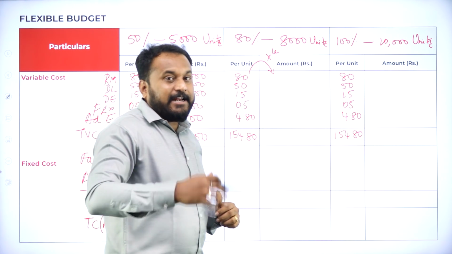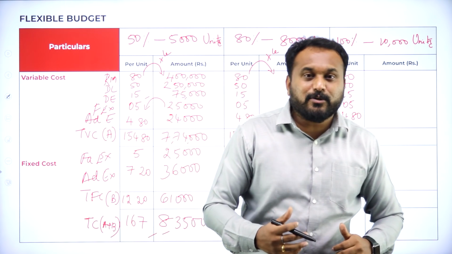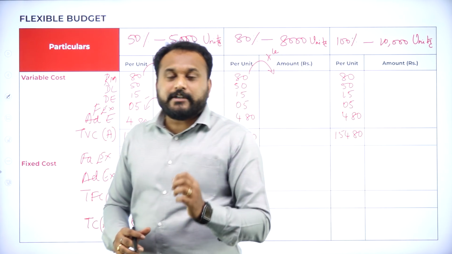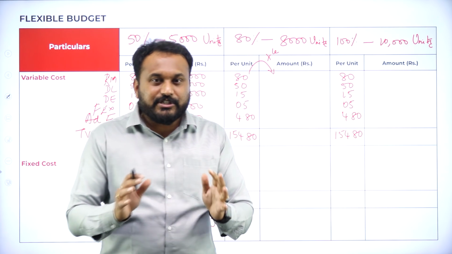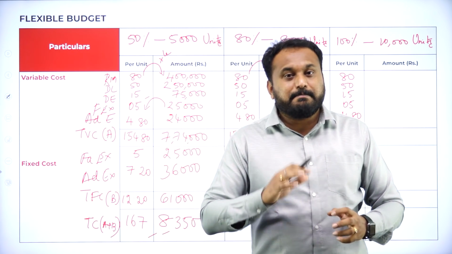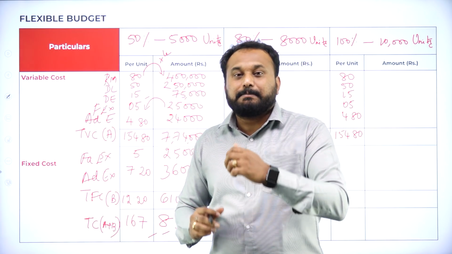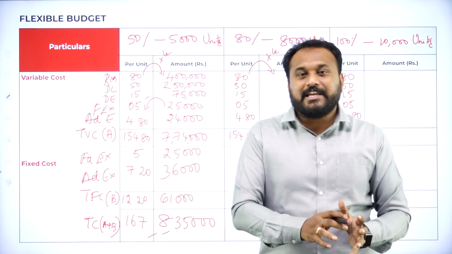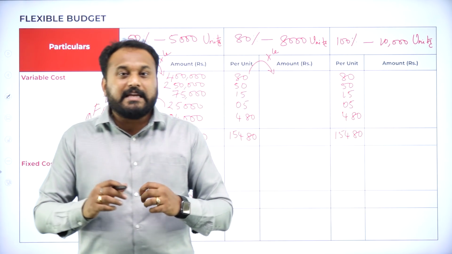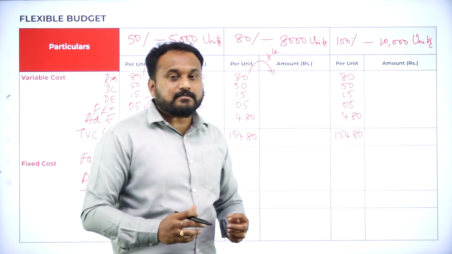Now, the second rule, please write it down. The second rule is very simple. The second rule says that total fixed cost will never change, but fixed cost per unit will change. Now, why is that so? Understand.